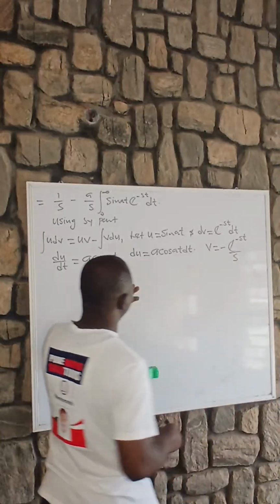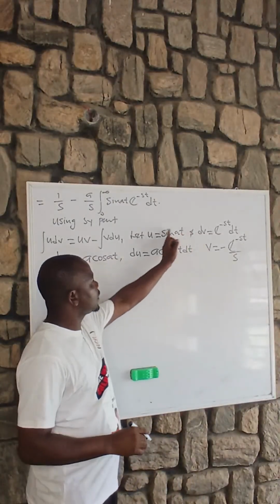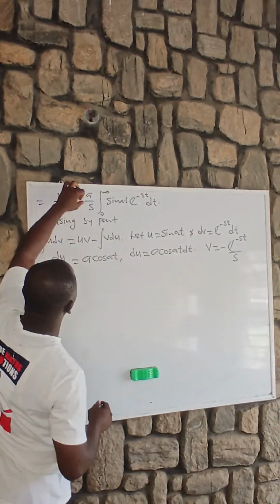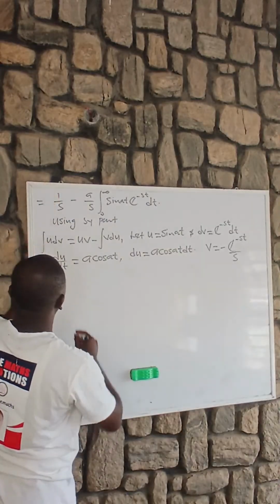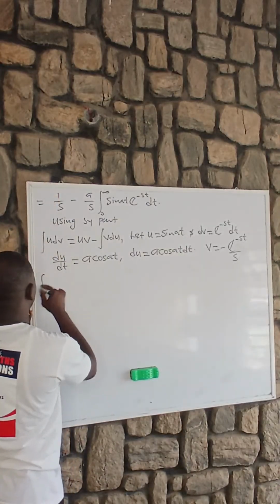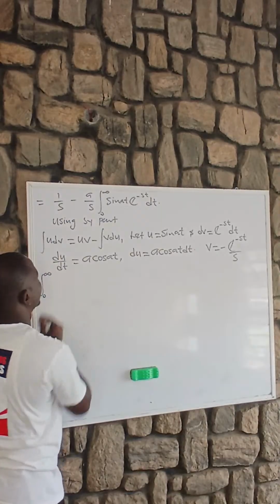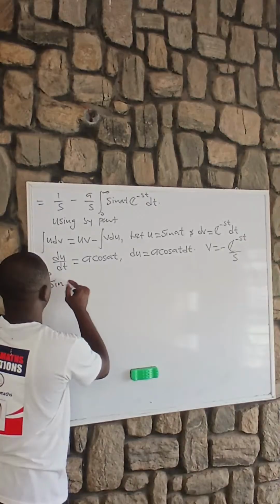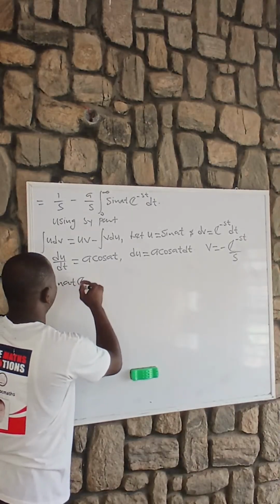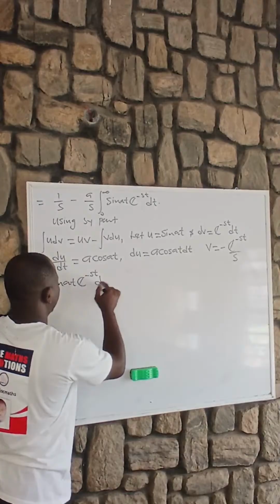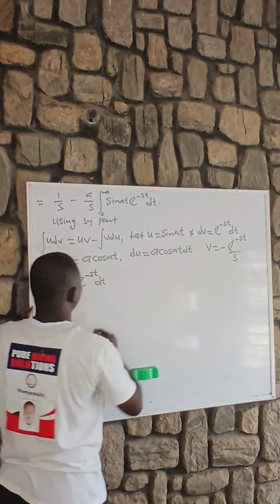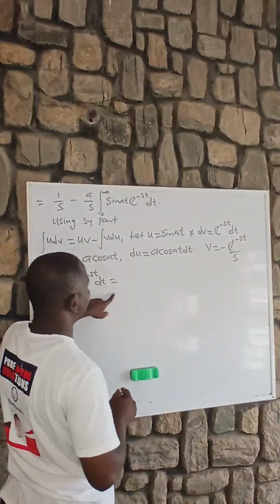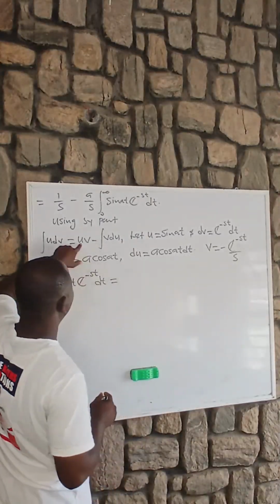What we need to do here is substitute this into the formula. I told you we hold this one constant, so we just have integral 0 to infinity of sine at exponential minus st dt. This is equal to: what is our ordinary u?